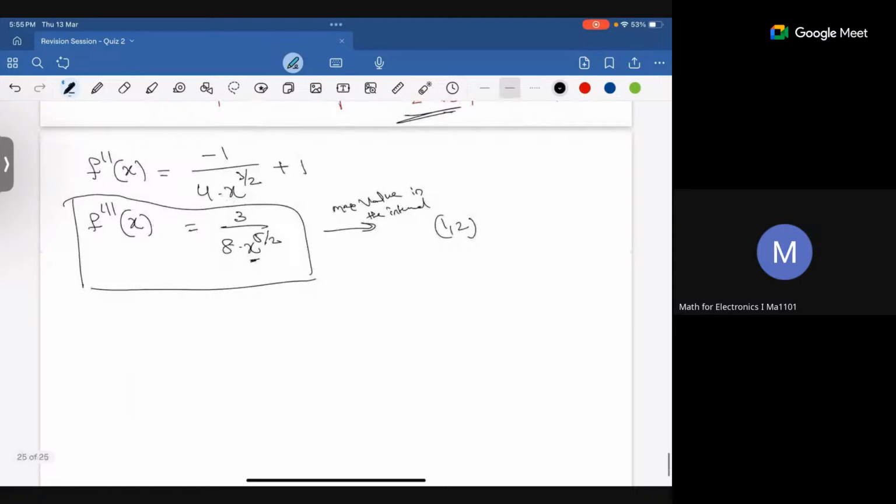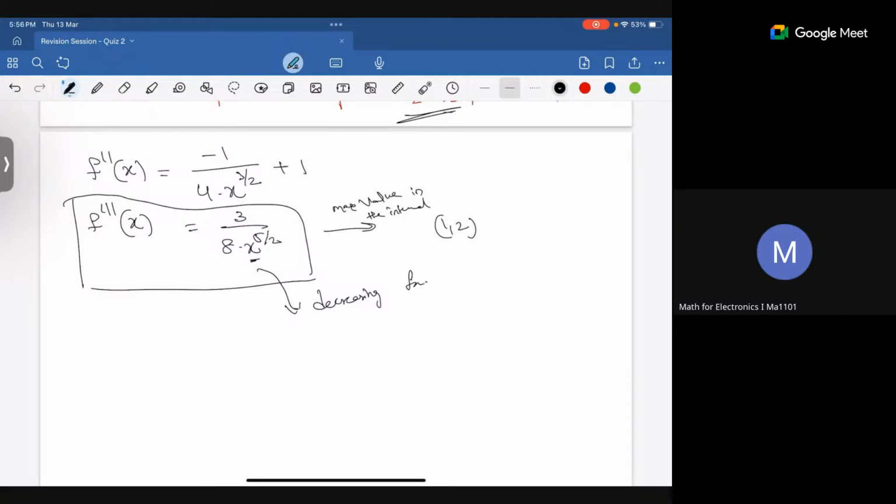So again, even here you can see within [1, 2], f triple prime of 1 will attain the maximum, whereas when x increases, this value will decrease. So this is a decreasing function.